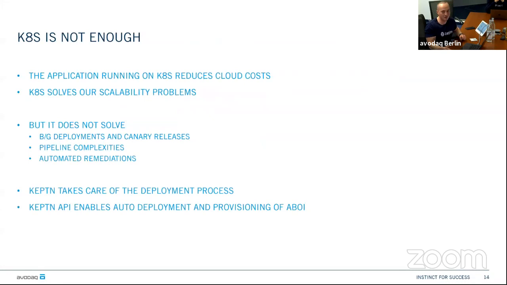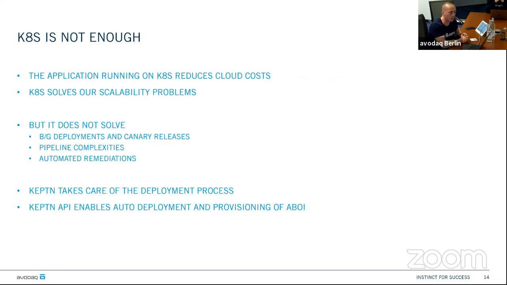But we saw as well that it does not solve all of our challenges. If we look at blue-green deployments, the pipeline complexity, or the auto-remediation that is going on outside right now, it's not really possible with Kubernetes alone. This is the reason why we looked even further.